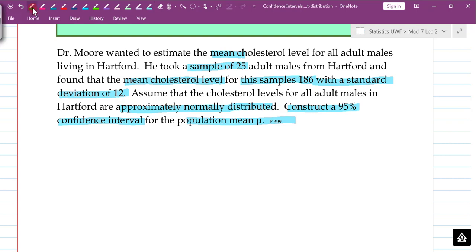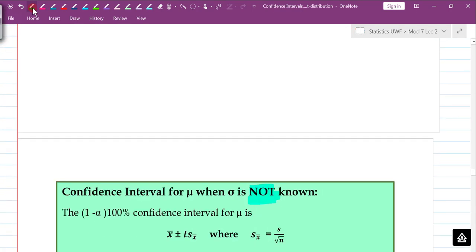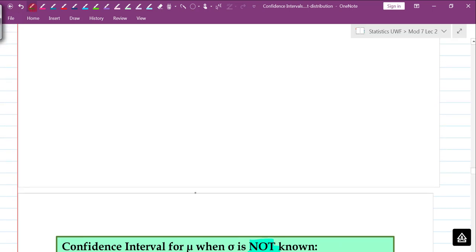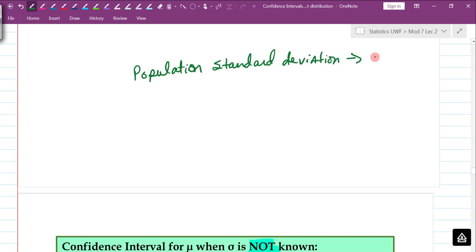If we're given the population standard deviation, that means we have sigma, which means we're using a z.